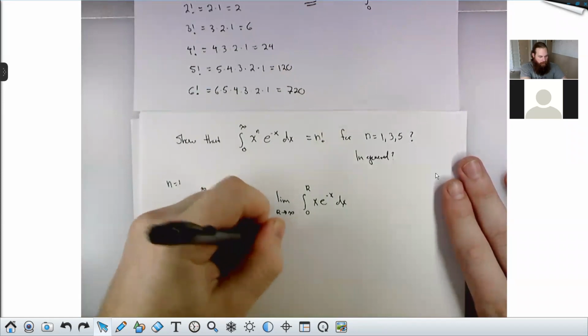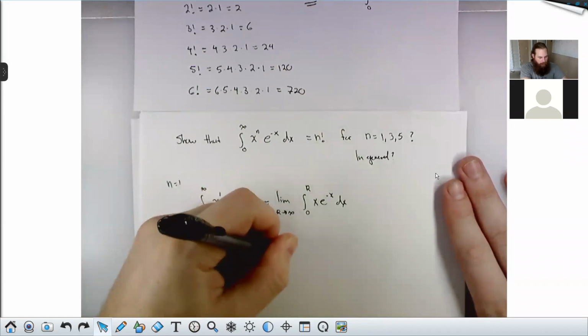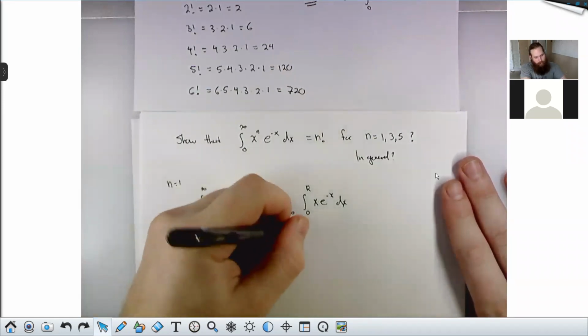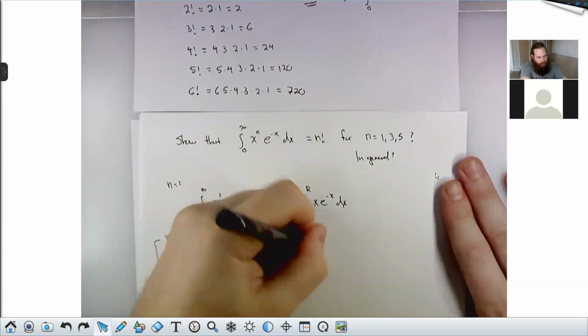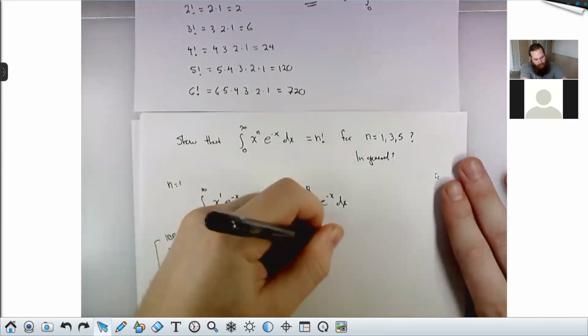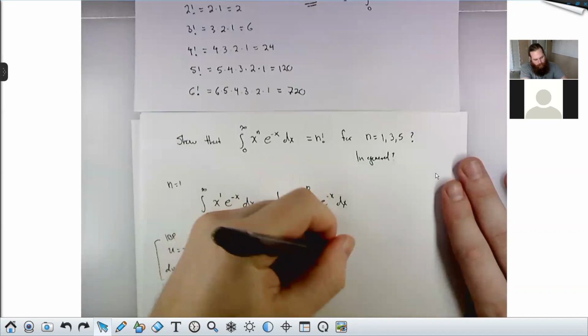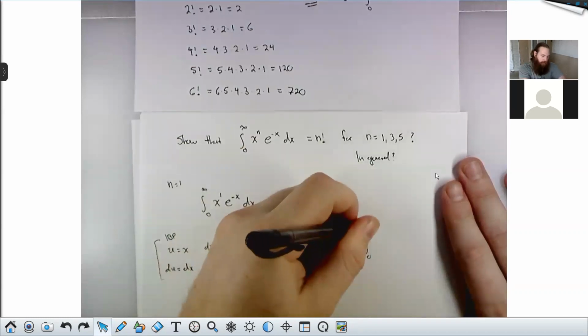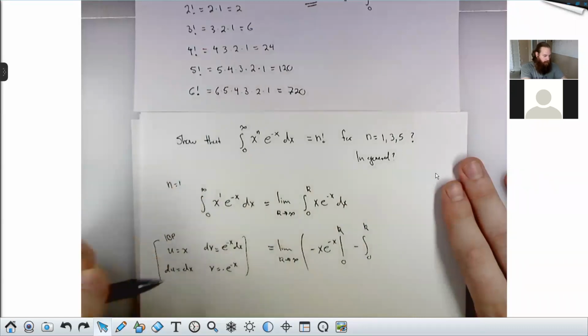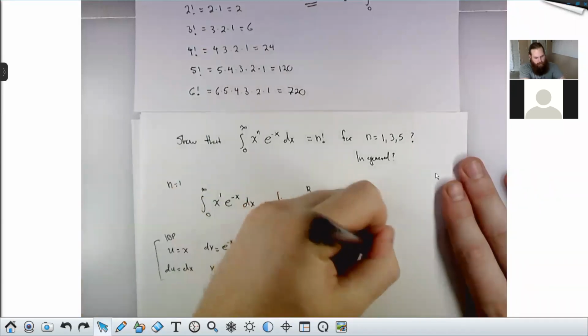That gives me the limit as r goes to infinity, and I'm going to open up big parentheses. This is a definite integral, so I need to remember to evaluate. I'll have negative x e to the negative x evaluated from 0 to r minus the integral from 0 to r, negative e to the negative x dx.